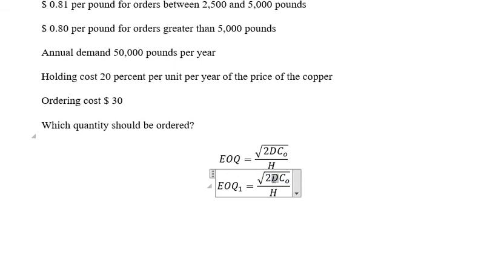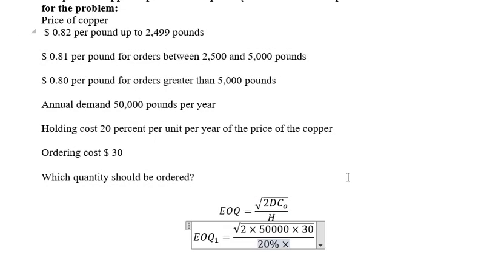So we got D is about 50,000. Multiply with ordering cost is about 30. And holding cost is about 20%. Multiply with 0.82.